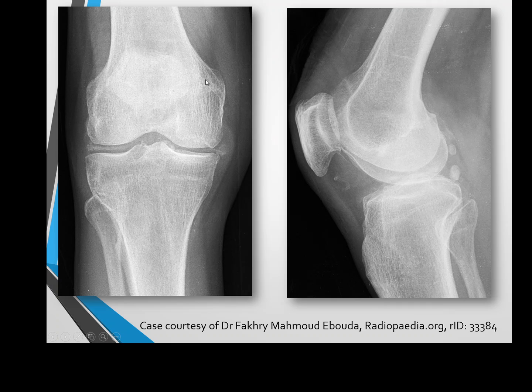So here is a patient's knee, and you can see it here within the joint surface all the way along, medially and laterally. In this particular case, it's obviously juxta-articular.